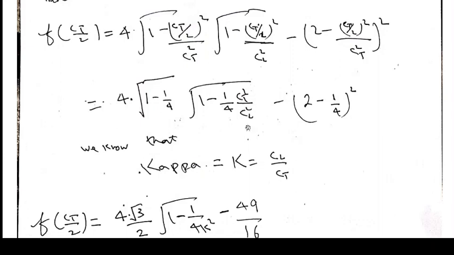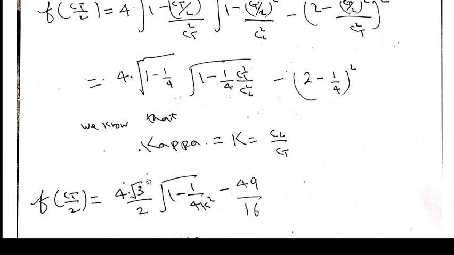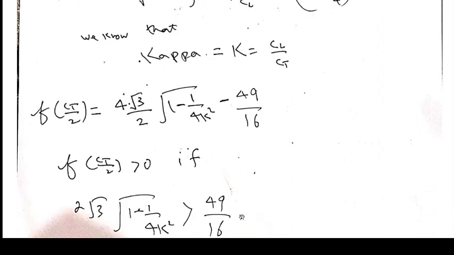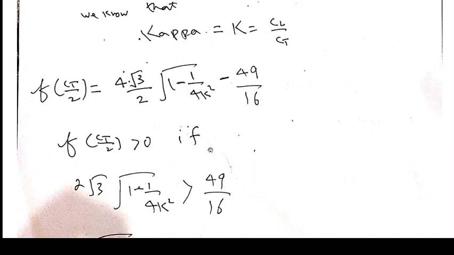So we will use it here. So our function, when we use C equal to Ct by 2, will be in this form. So this is positive if this is positive. We have just written that this is positive when this is positive.